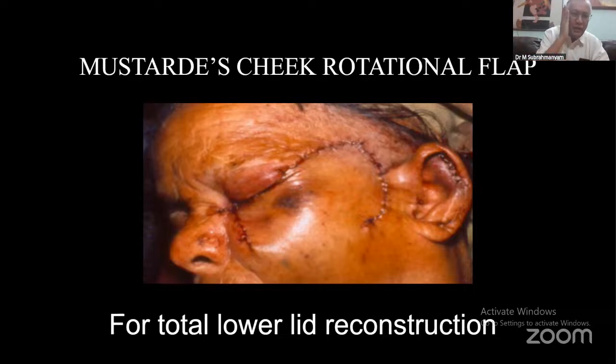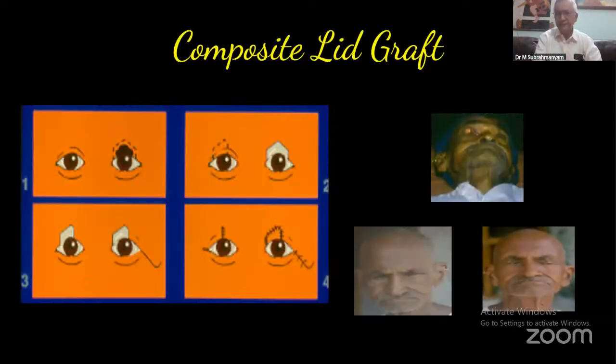Then we do a cheek rotation flap where the incision goes all the way down in front of the ear, downwards, with a curved relaxing incision, and the entire skin flap has been rotated to provide the anterior lamella. This is called a Mustardé cheek rotation flap for total lower lid reconstruction.